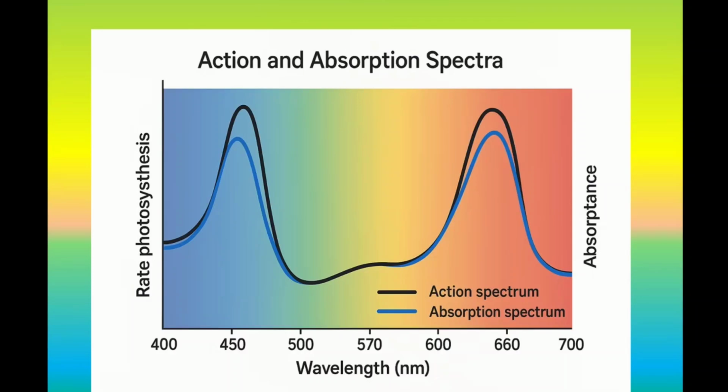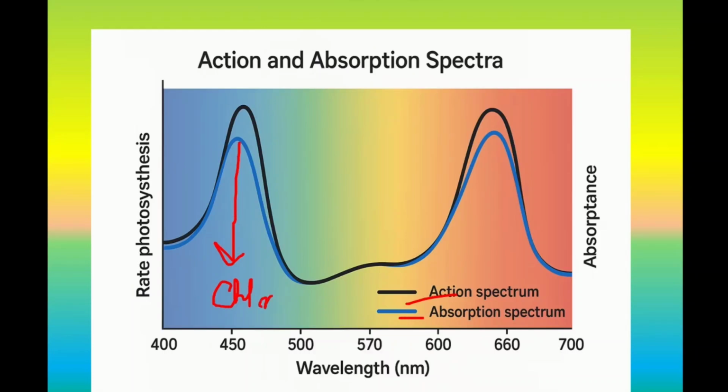If you can see, this is the graph of action and absorption together in one. So here the action spectrum is represented by the black, and the absorption spectrum is represented by blue. So you can see this blue wave is representing the activity of chlorophyll A, right?